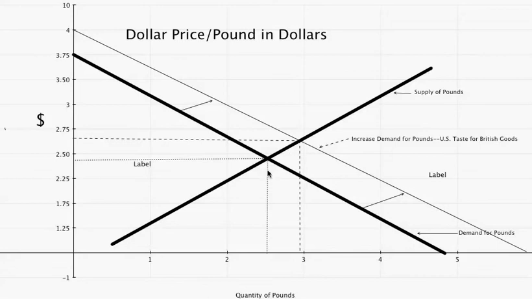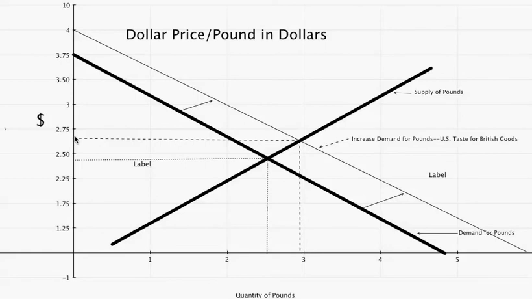And you can see what has transpired here is that this shift in demand for pounds, caused by our desire to buy more Burberry coats, gives us a new equilibrium level that has gone from $2.40 for a pound to, let's say, $2.60.